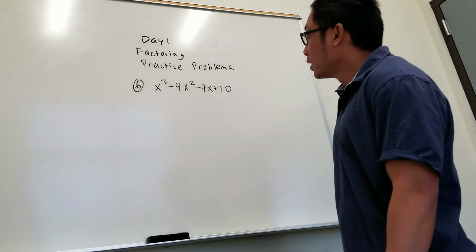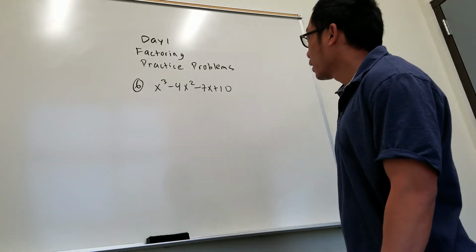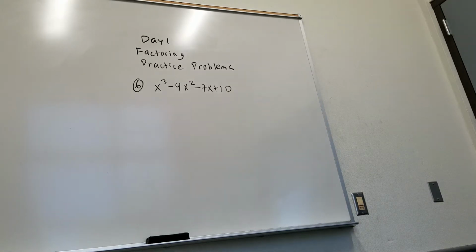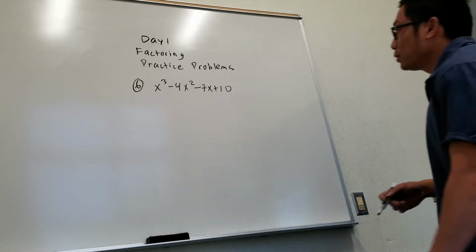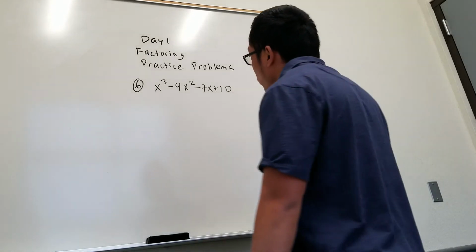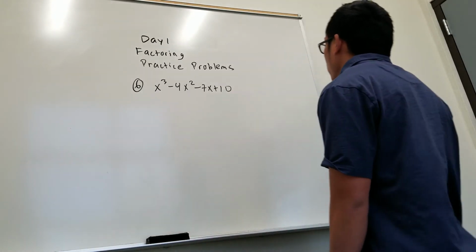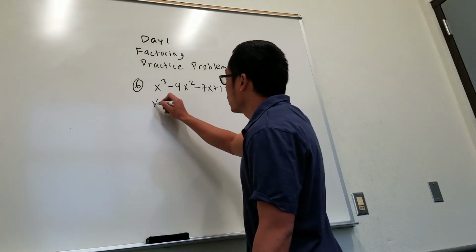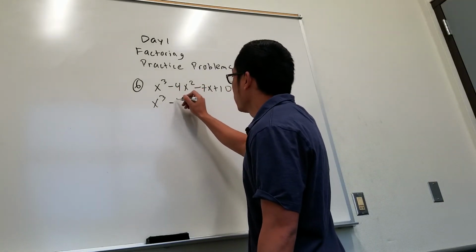Okay, so how do I do this? Pause the video, try it out. There's many ways to do this, but what I decided to do is basically make this a negative 5x squared.